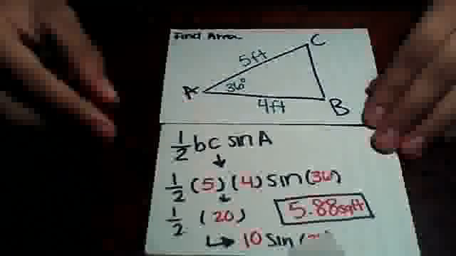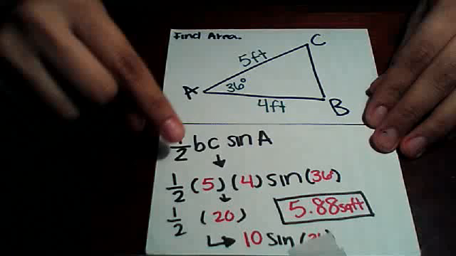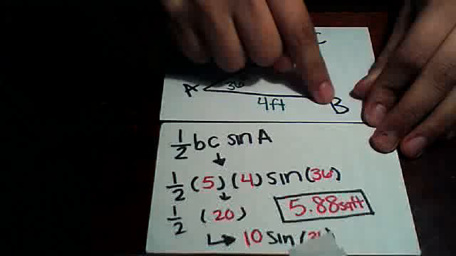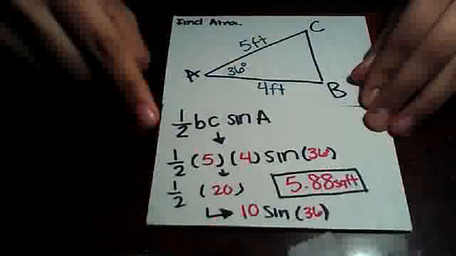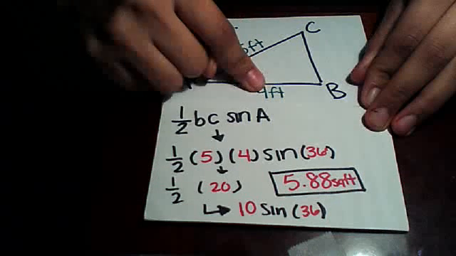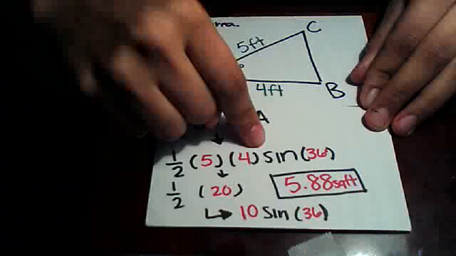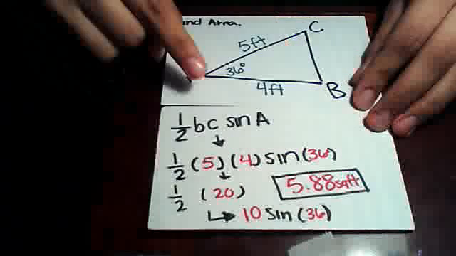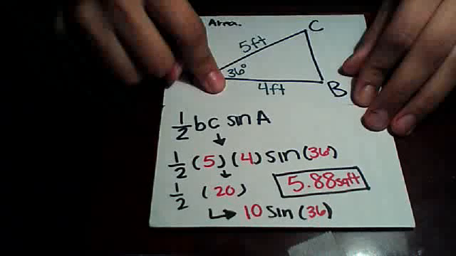Now let's plug in. Right here we have 1/2. We plug in for B, which is 5 feet. We plug in for C, which is 4 feet, times the sine of A, which is 36.